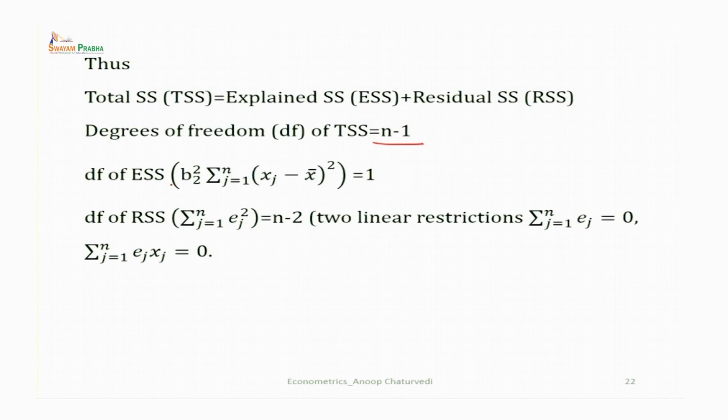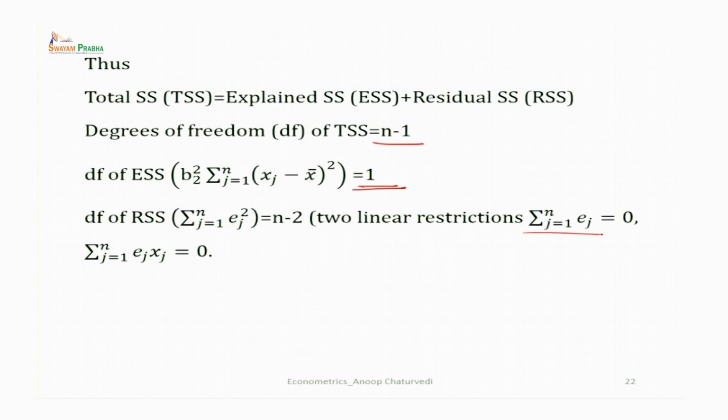Then the degrees of freedom of the explained sum of squares is 1, and the residual sum of squares has degrees of freedom n minus 2, because you are taking summation from j equal to 1 to n of e j square, but it has two constraints also, two linear restrictions.